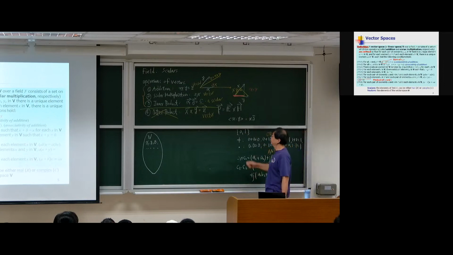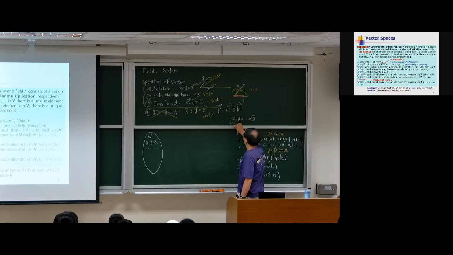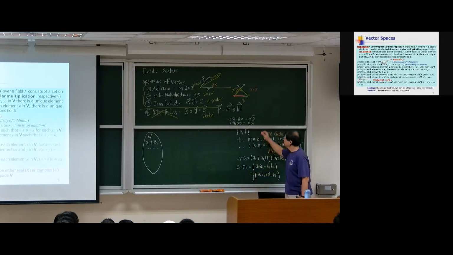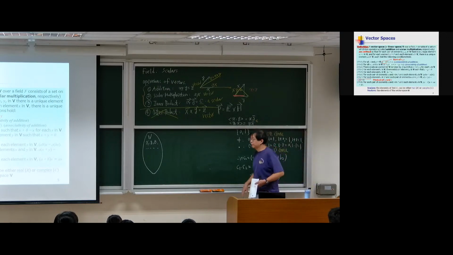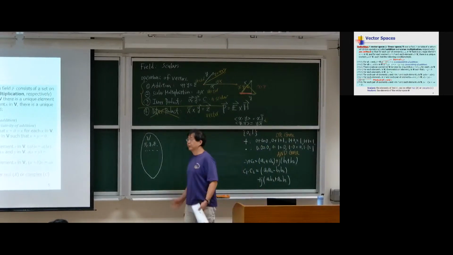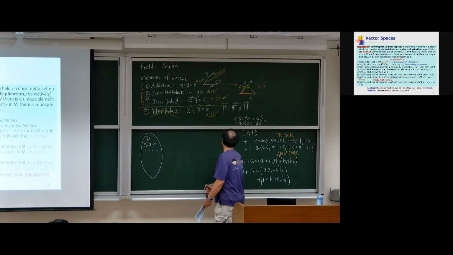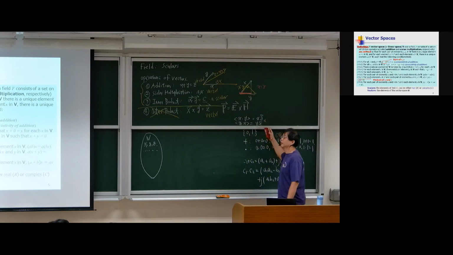Then in this definition, the inner product of Y and X will be equal to Y X bar. So the results of these two operations will not be identical, because it is operated in the complex field, and the definition of inner product is not real linear. We will discuss this in chapter 6.